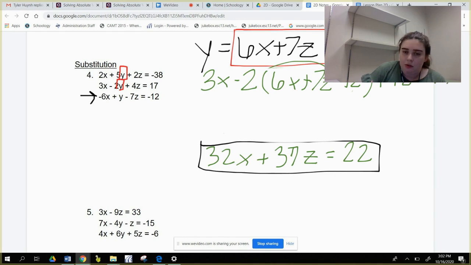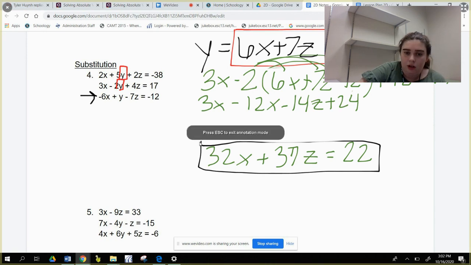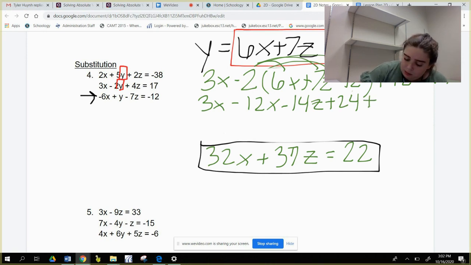First thing we want to do is distribute that to all three of those things. So we have 3x minus 12x minus 14z, and then plus 24. And then we have plus 4z on the end equals 17.